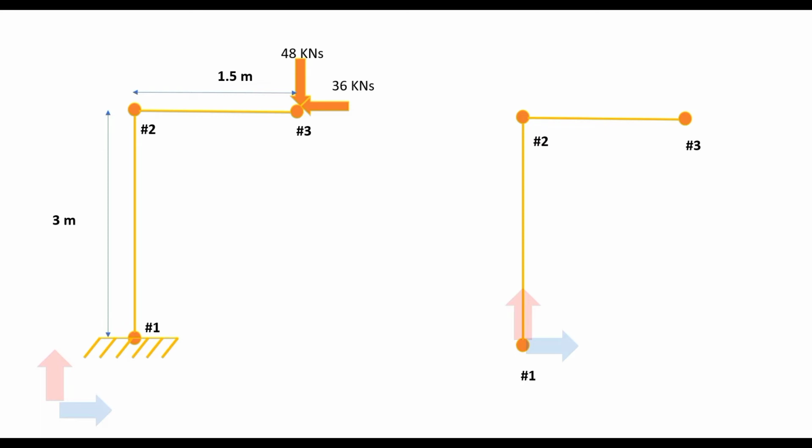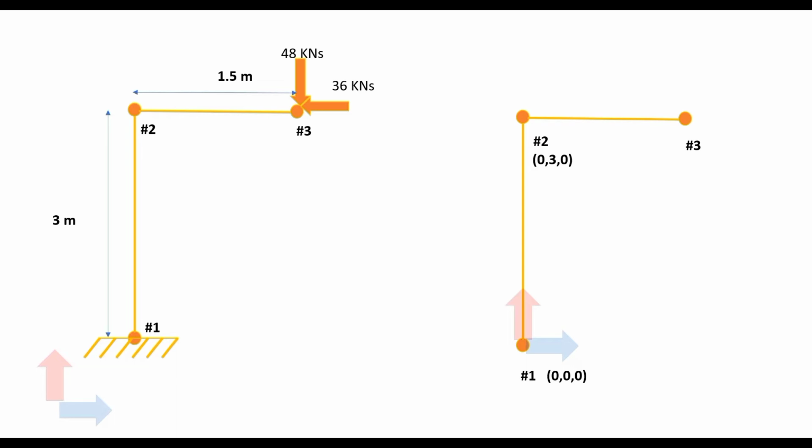So this would mean that the coordinates of node number 1 would be 0, 0, 0. And now since we are defining the length units in meters, all the coordinate units would be in meters. So what would be the coordinate of node number 2? Well, the coordinate of node number 2 will be 0, 3, 0, since node number 2 is directly above node number 1 by 3 meters.